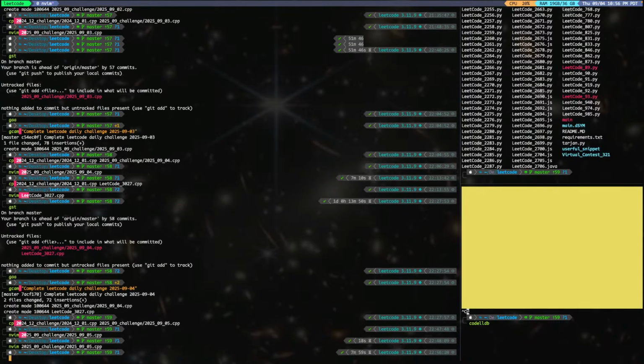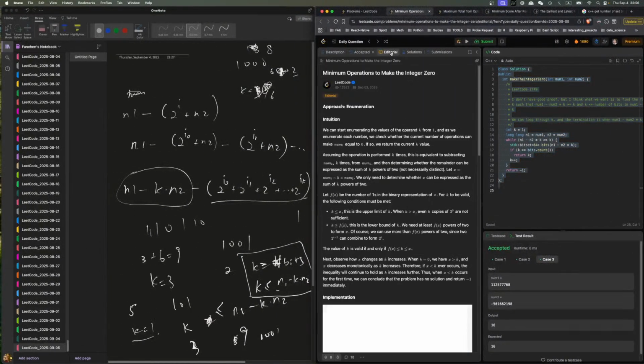All right, let's see what the proof is. Whether x can be expressed as the sum of k powers of 2. Let f(x) be the number of ones in the binary representation.